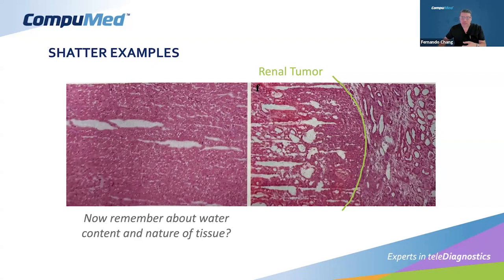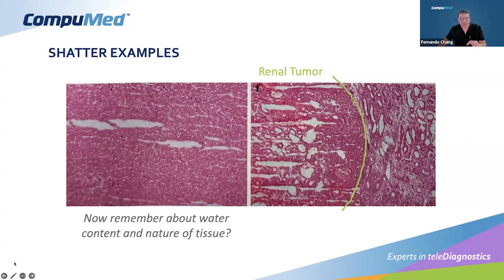But you can see on the right how the tubular structures and the kidney parenchyma itself don't have any shatter. It's actually the perfect temperature. But on the left, in the same case at the same temperature, everything is creating the shatter.